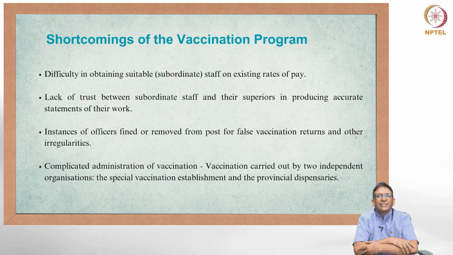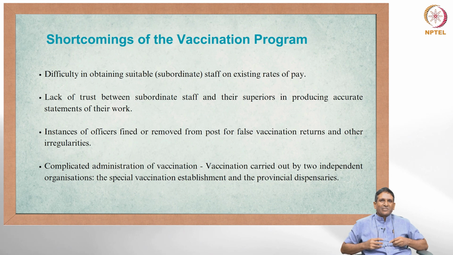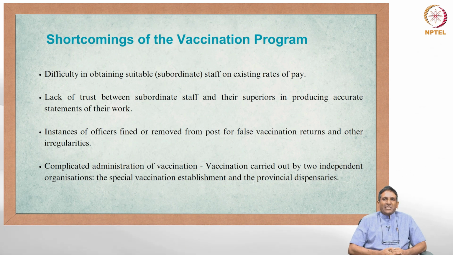And of course, the system itself was new, and we have to bear in mind that we are not talking about the early 1800s or even the mid 19th century, the 1850s or 1860s. We are not talking about a period which already had a robust public health system.